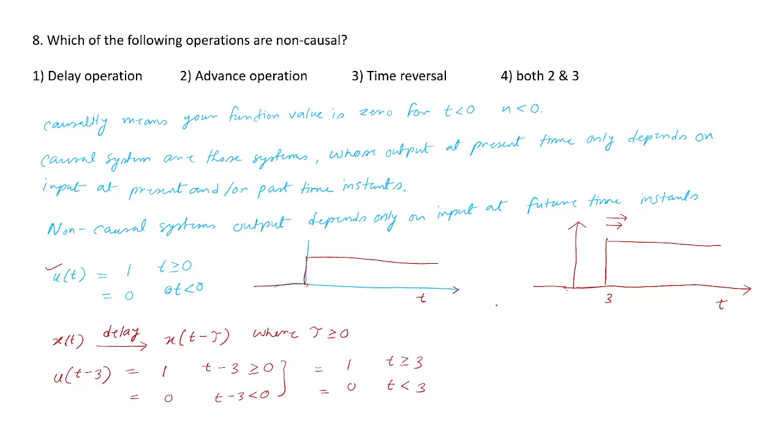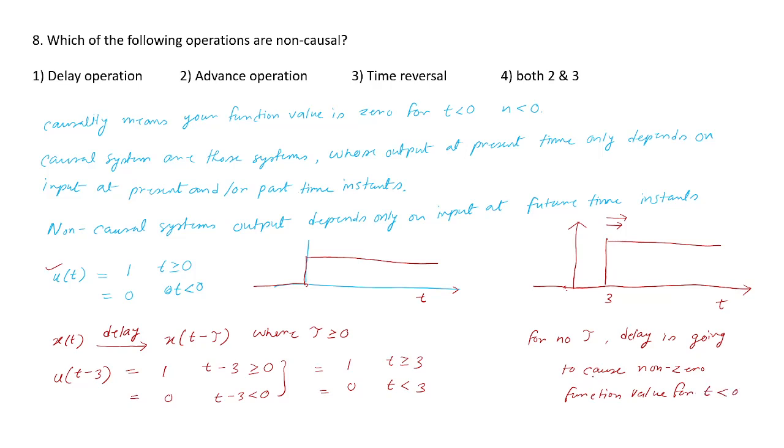And for no value of tau is delay going to cause a non-zero function value for t less than 0.